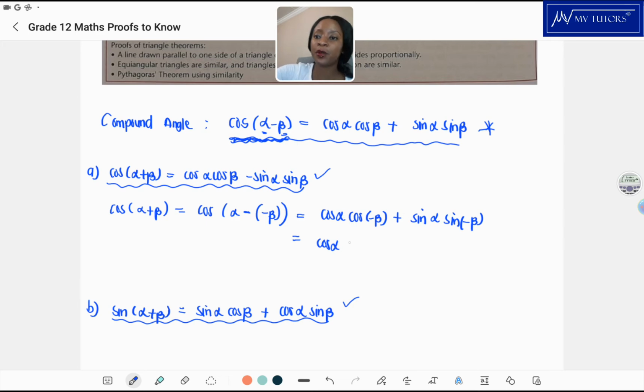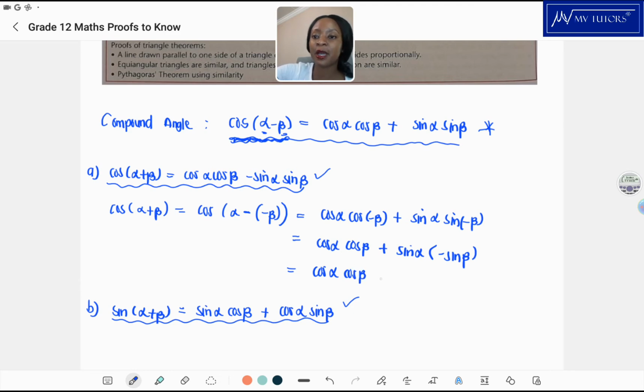So therefore, I would have cos beta there, okay? And then I have a plus over here, and then I have sine alpha. But like I said, sine of a negative angle is equal to negative sine beta. Then if I were to finalize it, it would be cos alpha, cos beta.